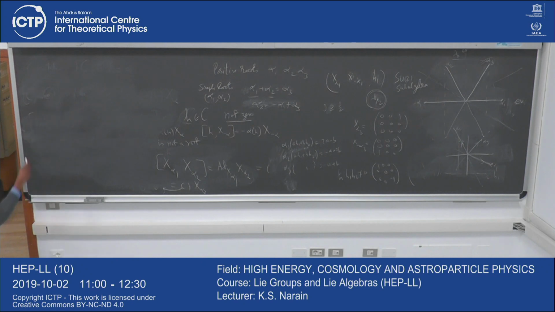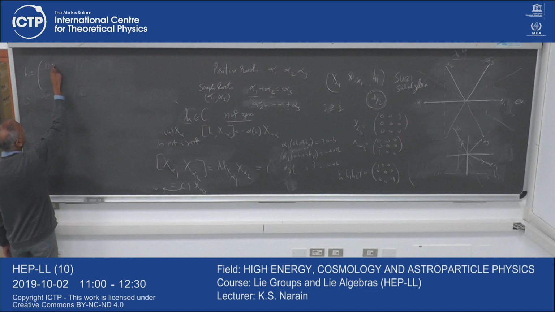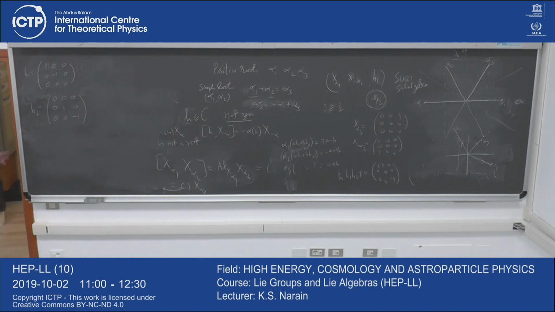We already know H1 we chose to be diag(1, -1, 0), and H2 we defined as diag(0, 1, -1). This is the defining representation, which is what we call the fundamental representation.